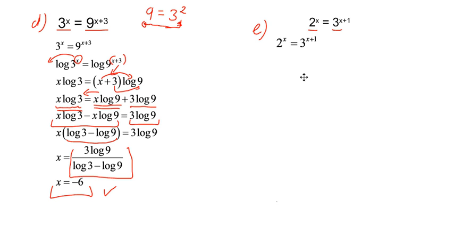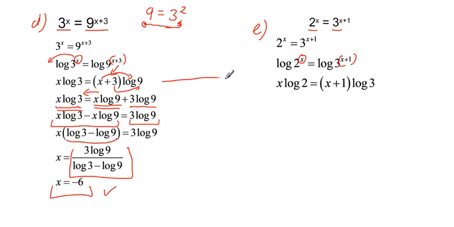So log both sides of this equation. Then use the rule of the exponent. Take out x plus 1. So you'll see that now I have pretty much an identical idea as in question D. This is exactly the same step.